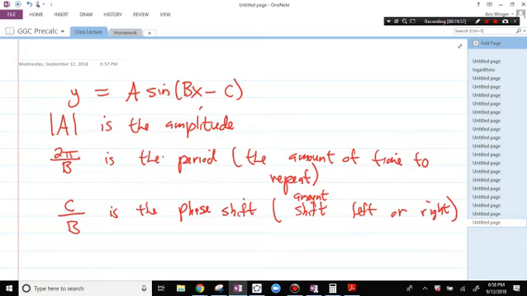When c is positive, you can just say it's been moved to the right, and when c is negative, you can say it's been moved to the left.